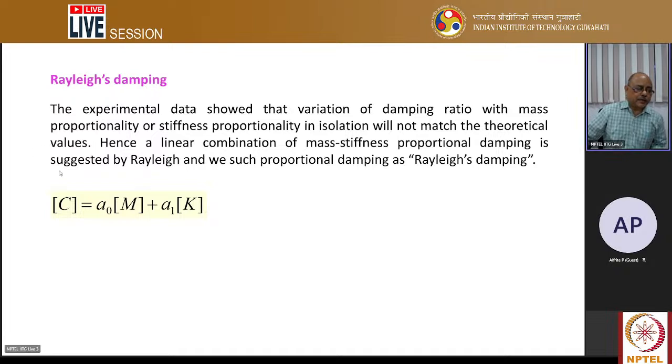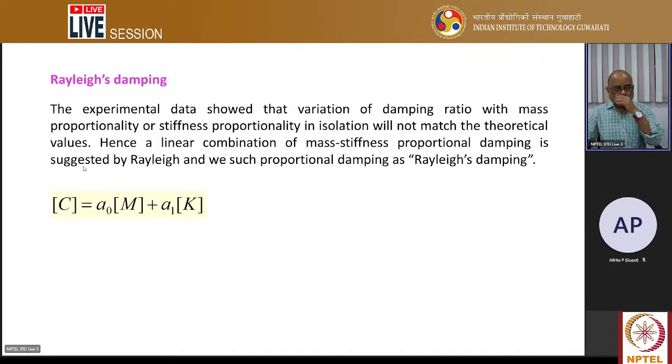Now here you can see the damping matrix is constructed based on this assumption that it is proportional to the mass and stiffness. That assumption is now a shortfall in the dynamic analysis because in many cases this assumption may not be valid.